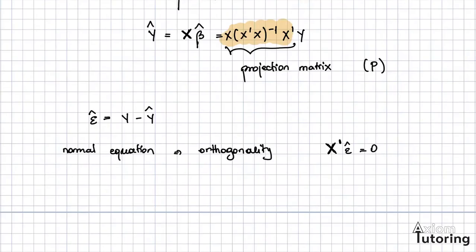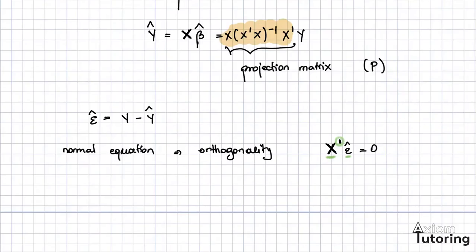We have to make a little adjustment here. We will see in another video what the prime and the -1 really mean in terms of matrix notation. But this prime has been introduced because we need to make sure that the dimensions of the X matrix and the column vector of the residual match, so that we can multiply and get a result that is just a scalar 0.